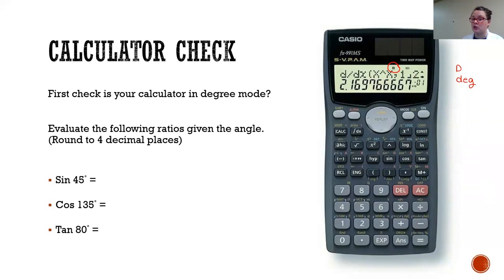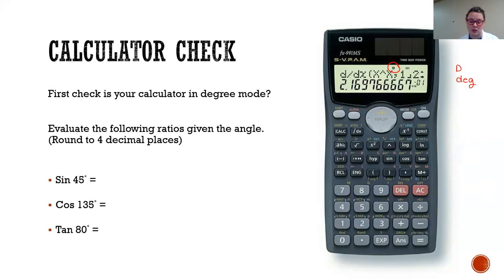Now, if it's not in degree mode, how do you put it into degree mode? Depending on your calculator, there's a couple different ways to do it. What might be easiest is just to put your calculator model in Google and double check. For this particular calculator, you press mode until it says degree, rad, and grad.